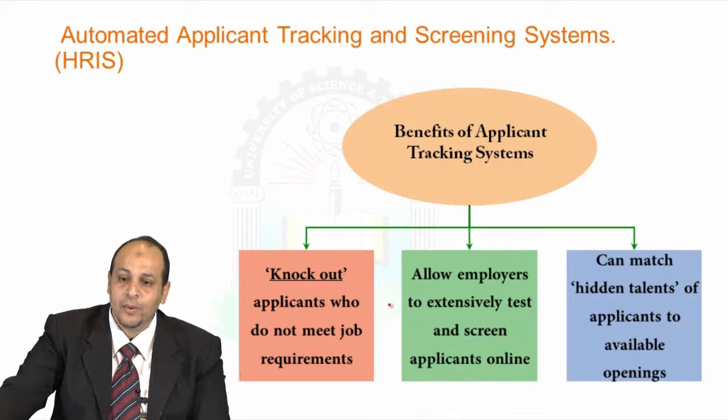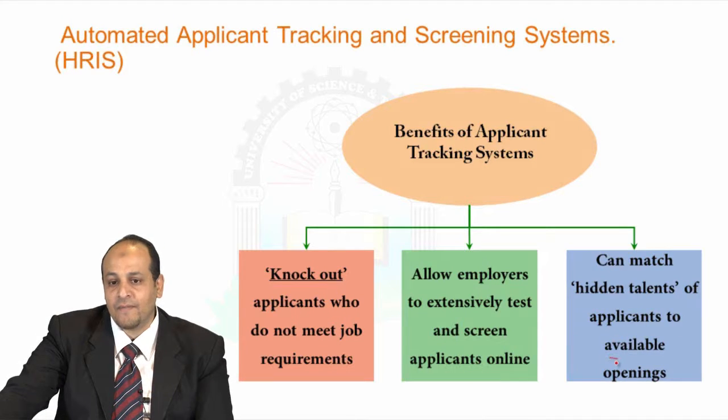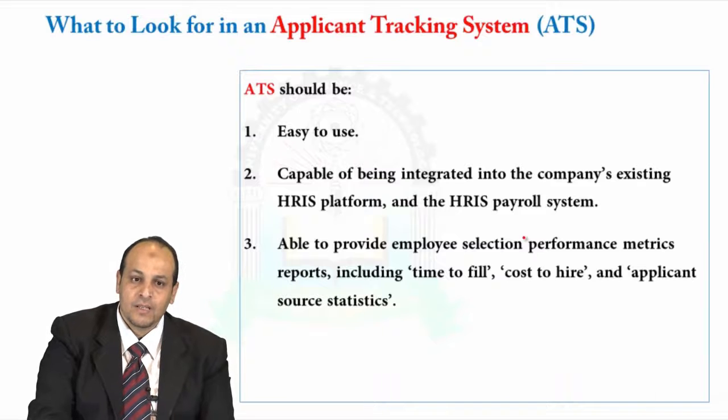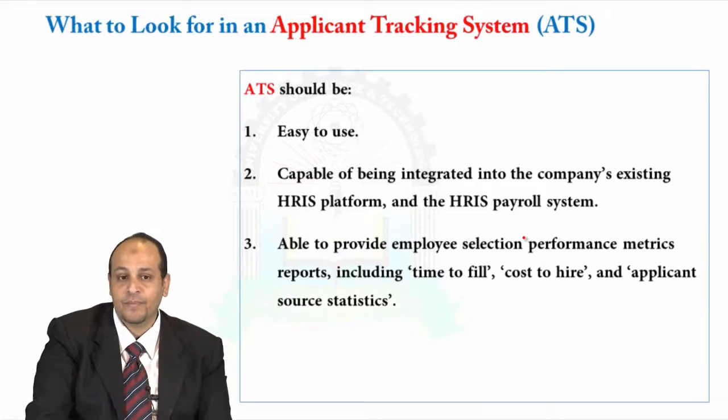And finally, we can match hidden talents of applicants to available openings. Without such systems, this might take a long time and require a lot of effort by the human resource manager. So what do we look for in an application tracking system?